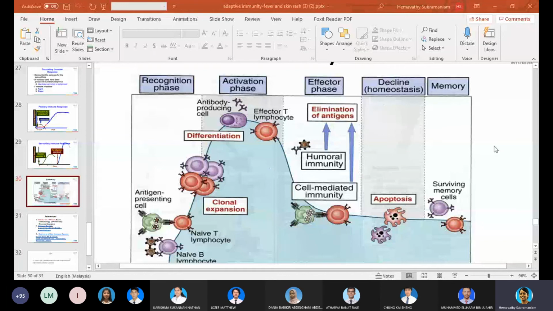Generally, what do you know about MHC molecules or HLA molecules? I believe that this is not only learned under the immune system, but generally you do have some basic understanding about the major histocompatibility complex, right?